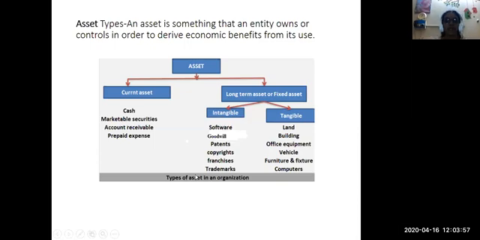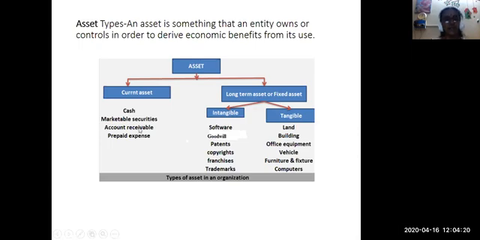Okay, so now let us look into assets. You can see current assets. The components of current assets mainly comprise cash in hand, cash at bank, marketable securities, that is investment made in short-term securities. Then accounts receivable.